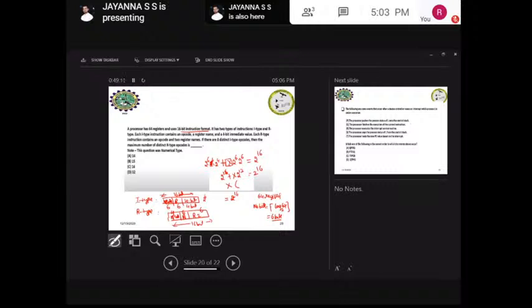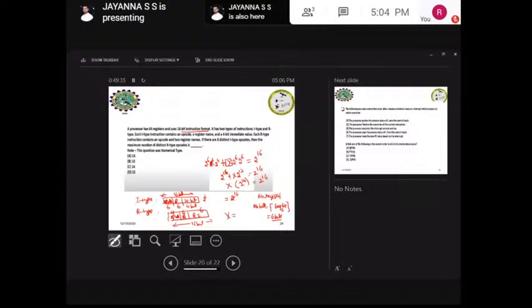When you take x as a common factor, you will get here 2 power 14 is equal to 2 power 16.